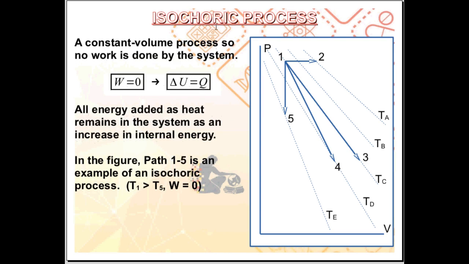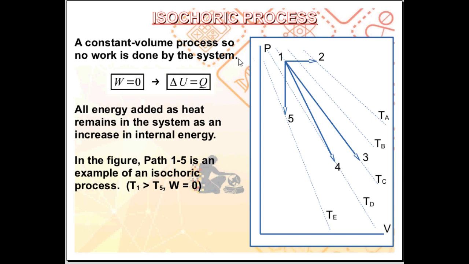Next, we have the isochoric process, which is characterized by constant volume. In a constant volume process, no work is done by the system. You'll recall that our equation for work done is the integral of P dV.